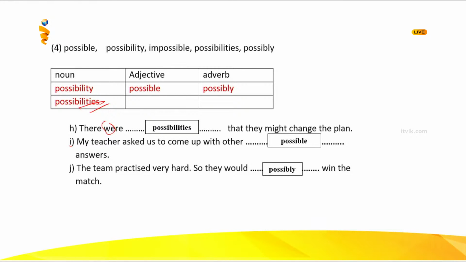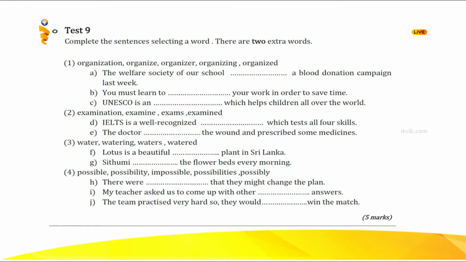Now, I hope that you have answered all the questions and you are able to answer the questions. Now, let's look at the whole question again. The Welfare Society of our school organized a blood donation camp last week.